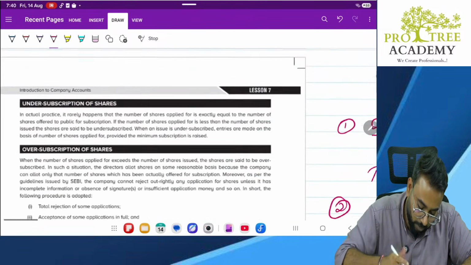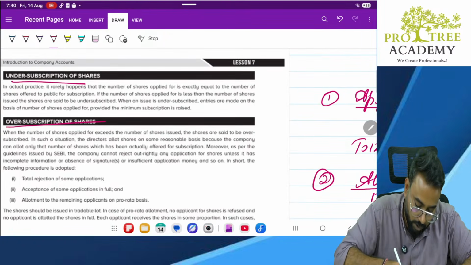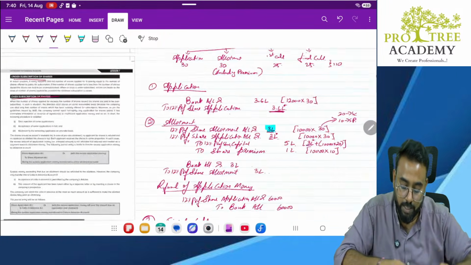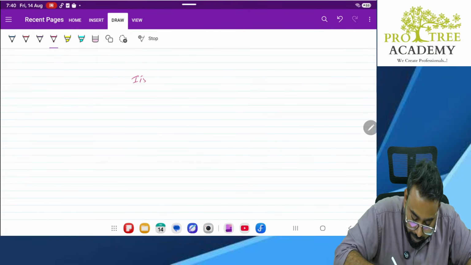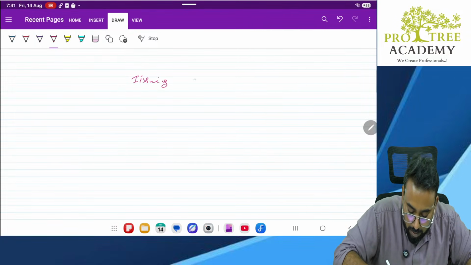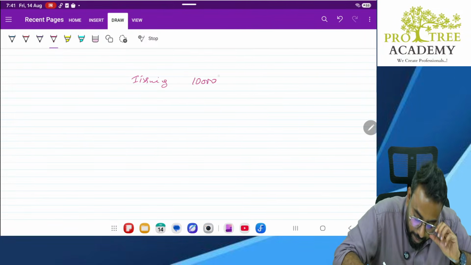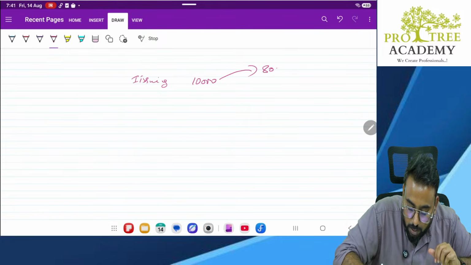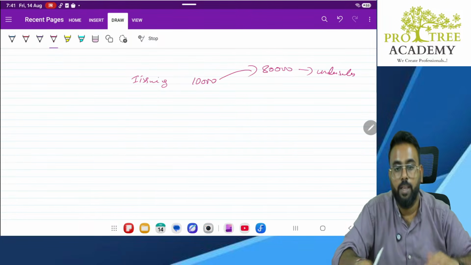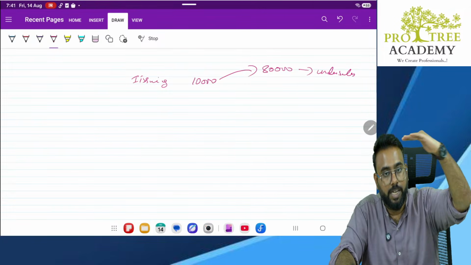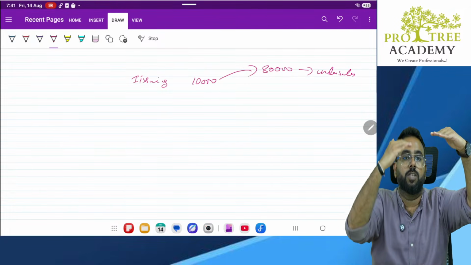Next comes the concept of under subscription or over subscription of shares. Sir, what is under subscription or over subscription? Listen carefully. If you are issuing 10,000 shares and they have subscribed only 8,000, this is called under subscription, because you were ready to issue 10,000, but the public is ready to subscribe only 8,000.